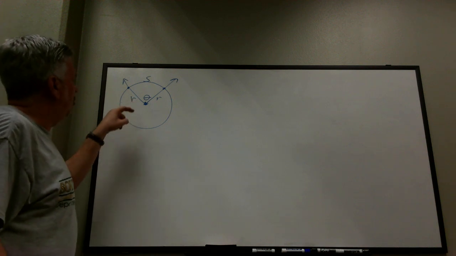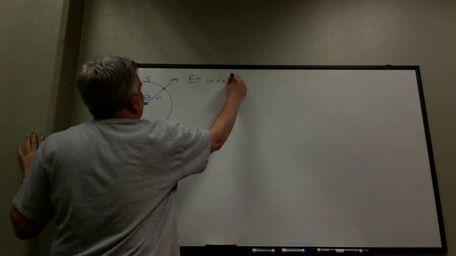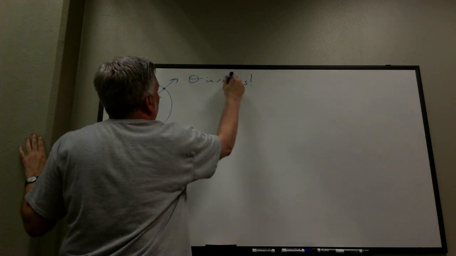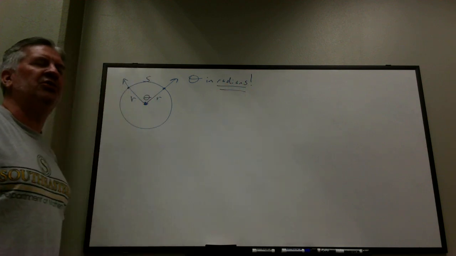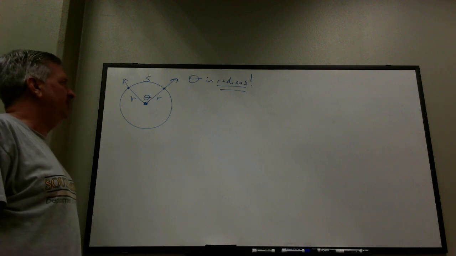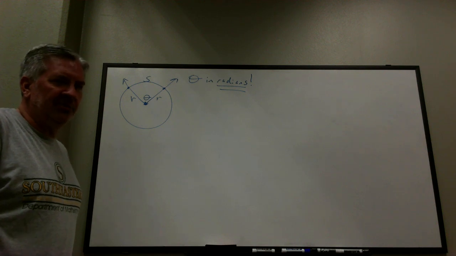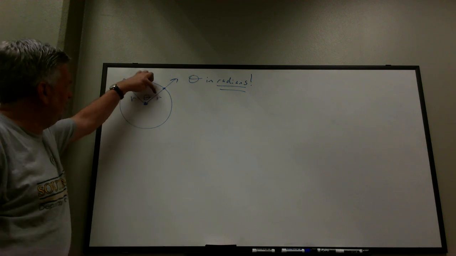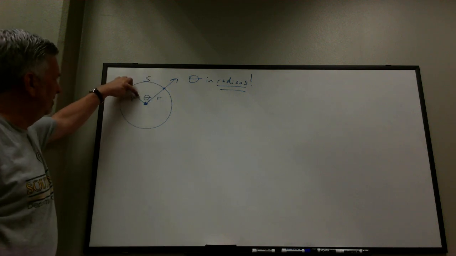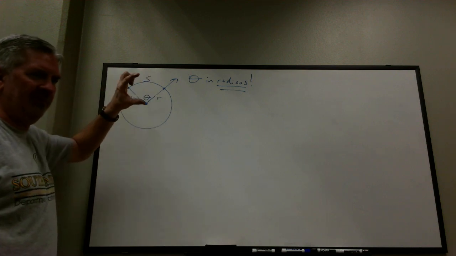Now, I'm going to assume here theta is in radians. We're going to derive the formula assuming theta is in radians. We can do it in degrees, but the formula is more complicated. So does it seem reasonable? And the answer is yes. If I took this angle in radians, theta, divided by the angle all the way around, that would give me a fraction.